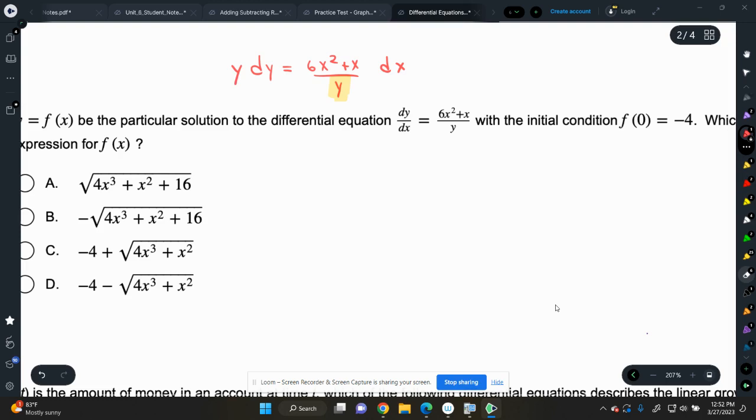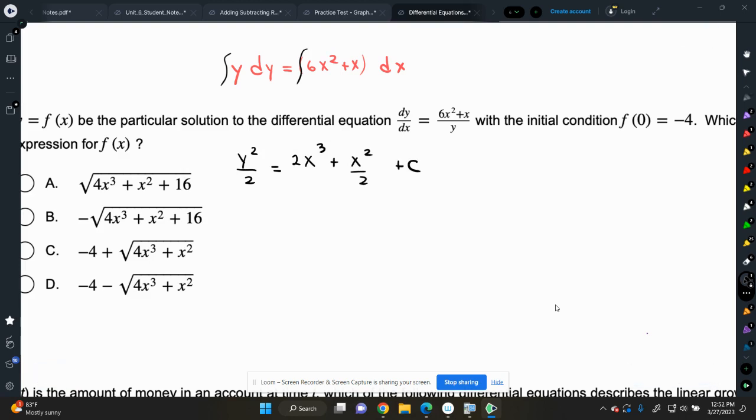So we end up with y dy equals 6x squared plus x dx. So this one's actually easier to integrate. Okay, we're going to integrate both sides. So when we integrate the left, what do we get? Okay, and that equals, we get 6x to the third over 3, so that's 2x to the third plus x squared over 2 plus c.